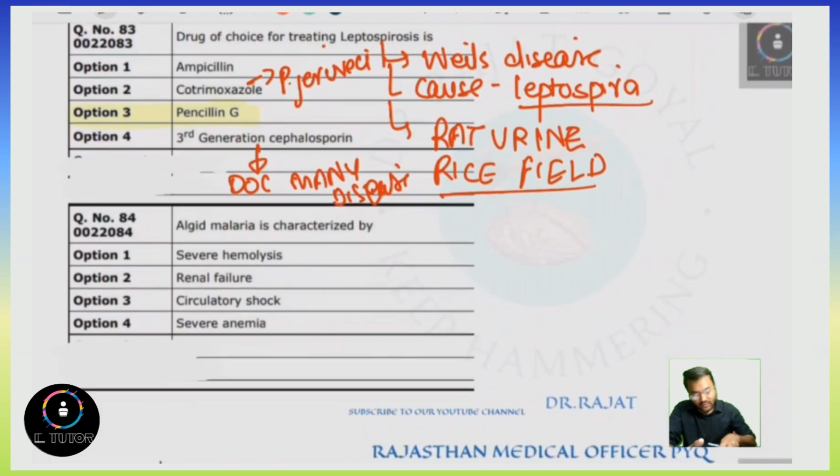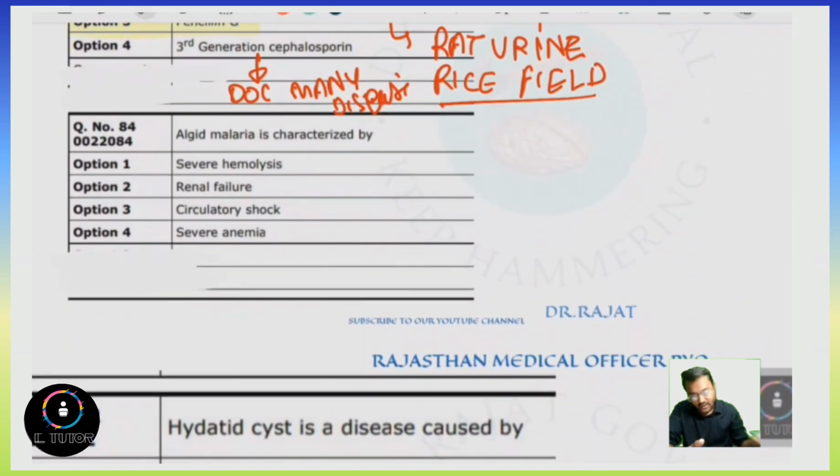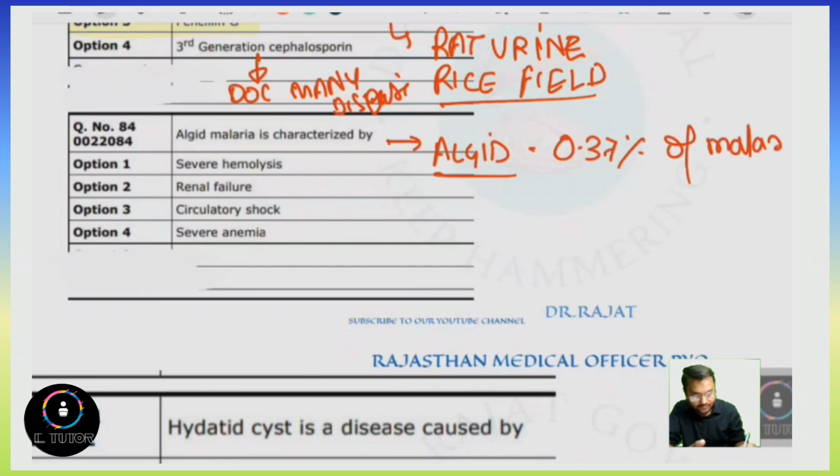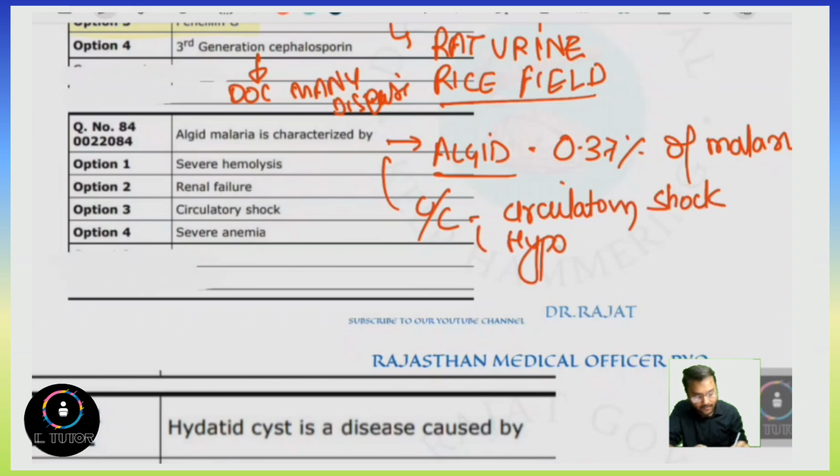Now the next question is: algid malaria is characterized by. So what is algid malaria? Algid malaria is seen in 0.37% of cases of malaria, and it is a complication of complicated malaria, and the complication is circulatory shock, hypothermia, and cold clammy skin.